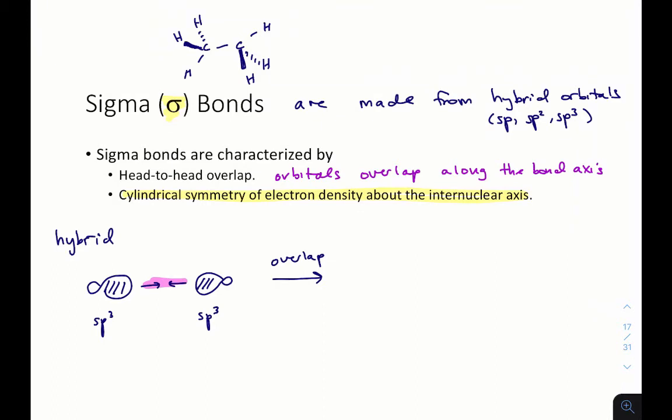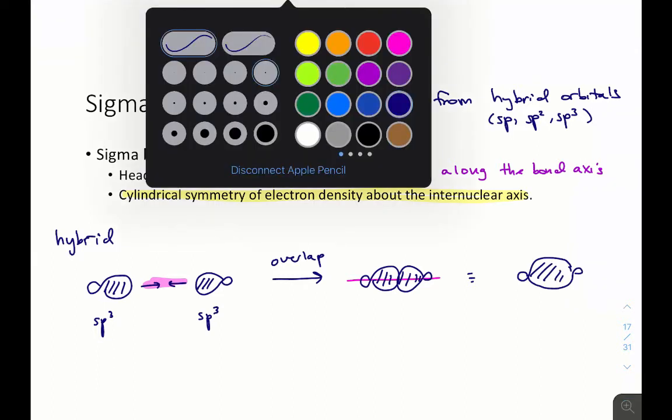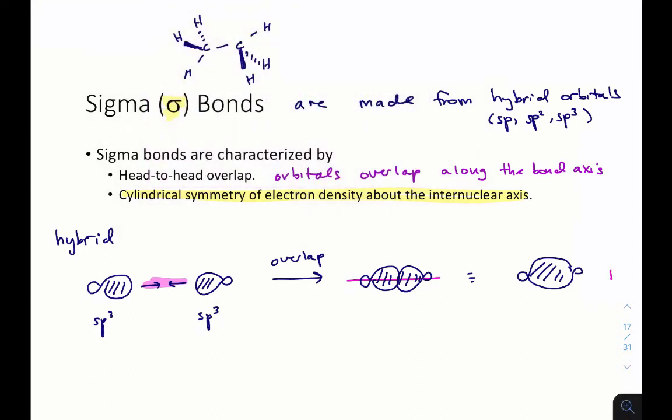They are overlapping along what will become the bond axis. We can draw their overlap like this, or we can show those 2 big lobes combining to make a new big lobe. Either way, we've shown a sigma orbital, a sigma bonding interaction.